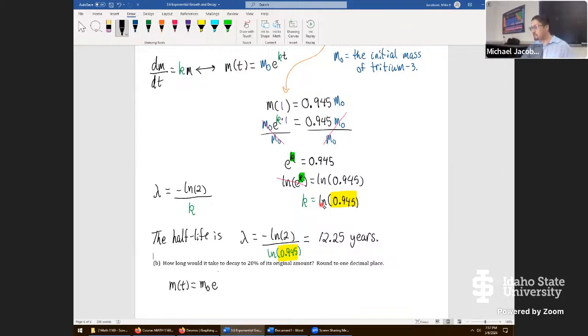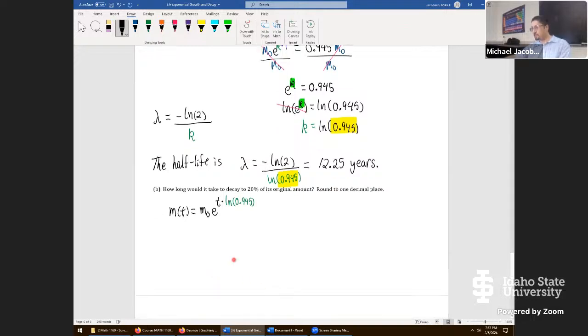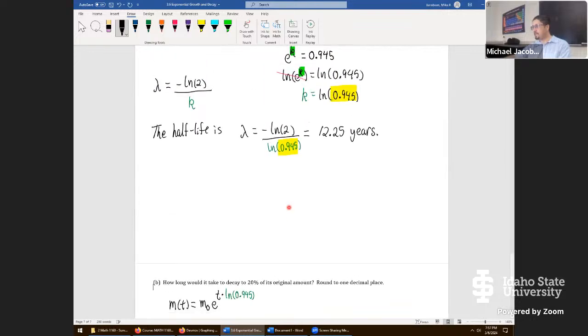So it'll be t times natural log 0.945. So that's the function. It doesn't address the question, but we've at least updated the original function. And let me see if I can get to the next spot here. There we go. I think we're going to need a new page on this one, so let's also drop it down.